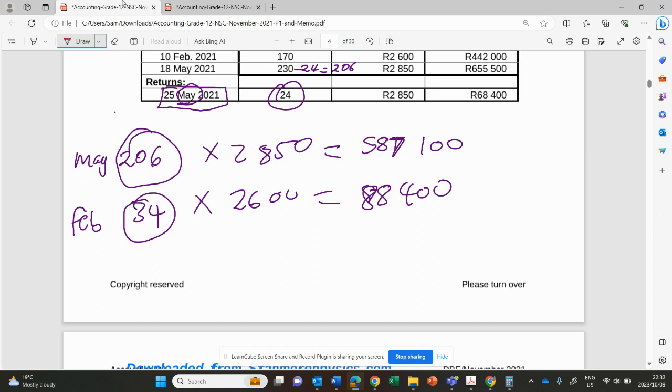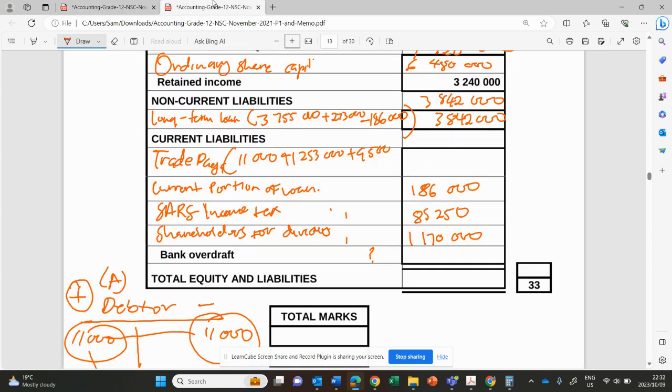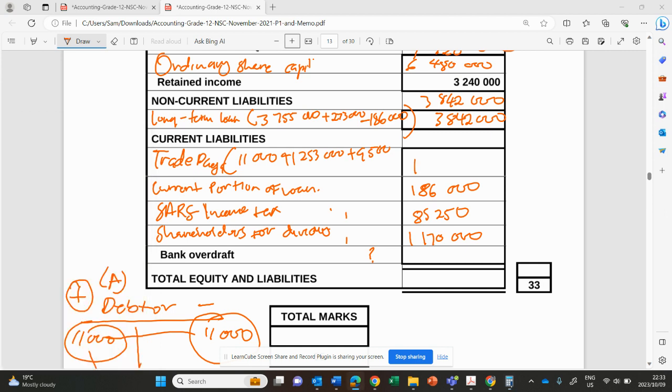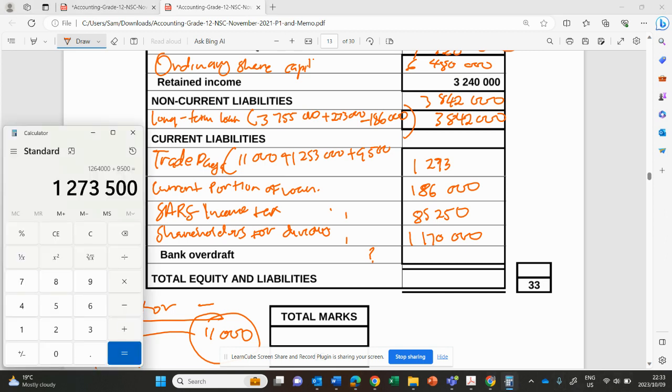Now we can say 11,000 plus 1,253,000 plus 9,500, then it's 1,273,500.